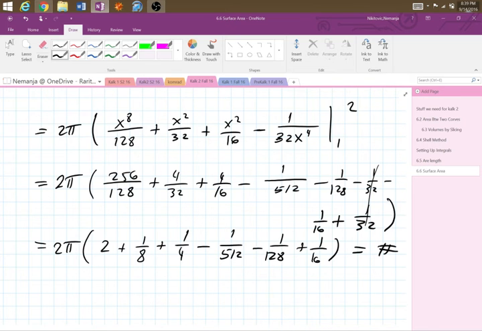Now you can actually, if you take a look in the middle, those two are like terms because they both have a single x, so you can add those, so you have less calculations later. So 2 pi integral 1 to 2 x to the 7 over 16.